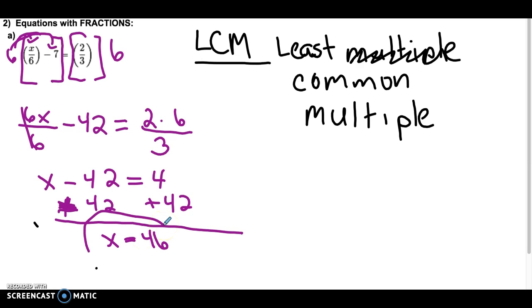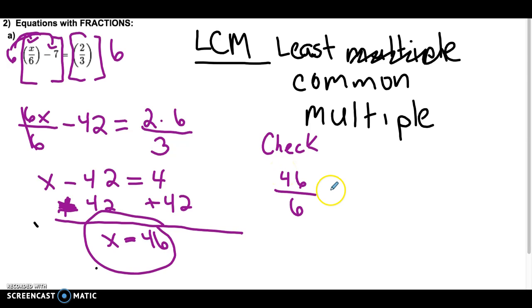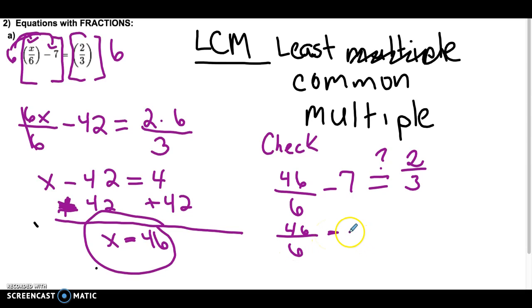So let's go back and check and see if that is true. So here's my check. I'm going to have 46 divided by 6 minus 7. Does that equal 2/3? Well, I'm going to have to get a common denominator. So 46 over 6. In order to subtract, I have to have the same denominator. So if I multiply top and bottom here by 6, I'll get 42/6.